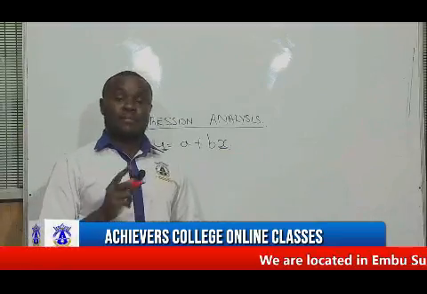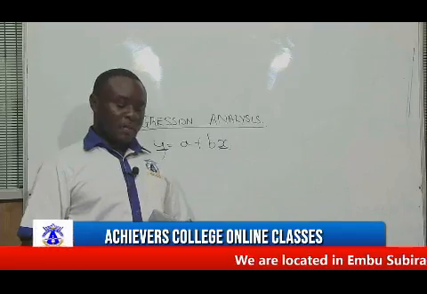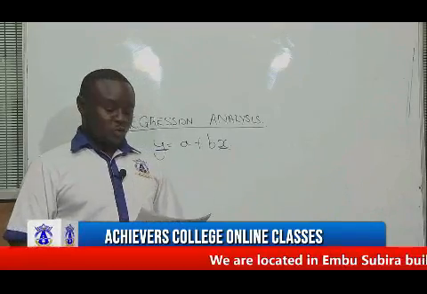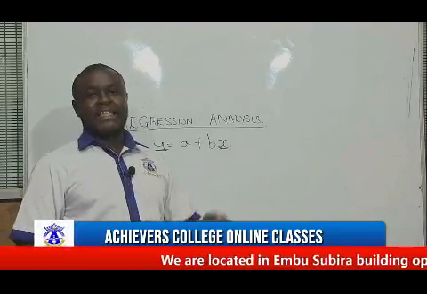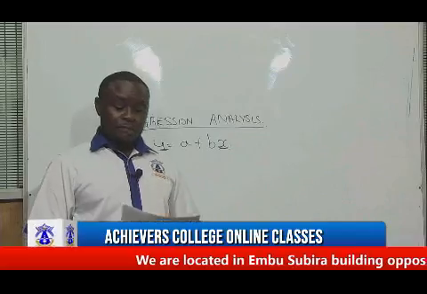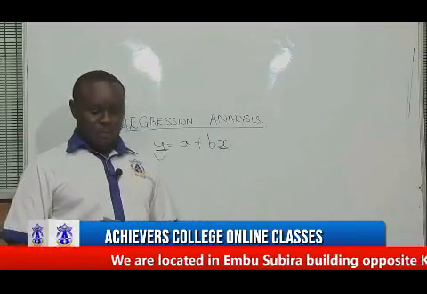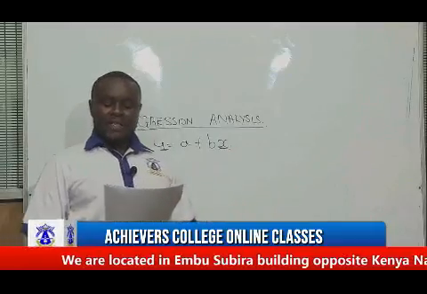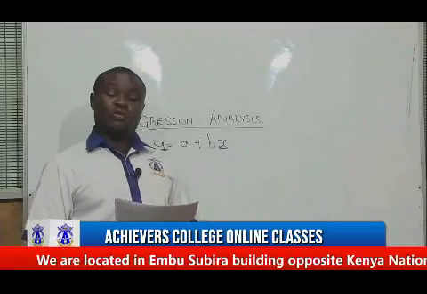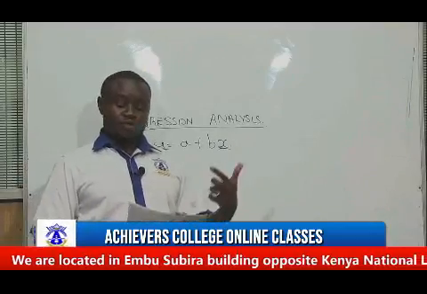Number two term that we are going to look at when we talk about regression analysis is what we are calling the dependent variable. Every time we talk about the dependent variable, we are simply talking about the variable that the researcher wishes to explain.